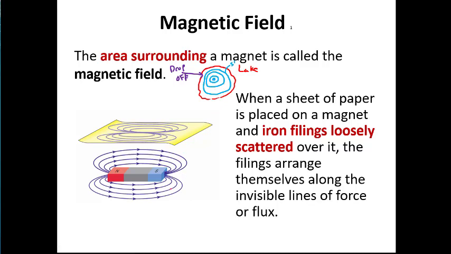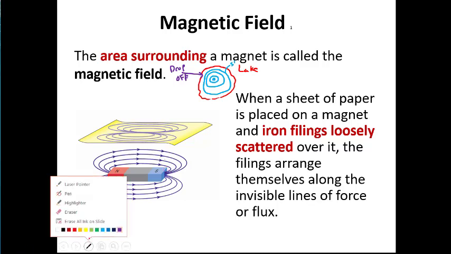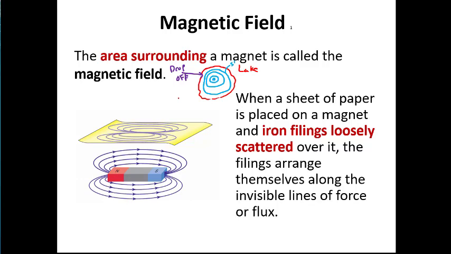In a magnetic field drawing, the places that have a lot of lines aren't the drop off, that's the stronger parts of the magnet. The strongest part is where we're at the location that has the most of these lines. So right here and right here would be the strongest part of the magnet.